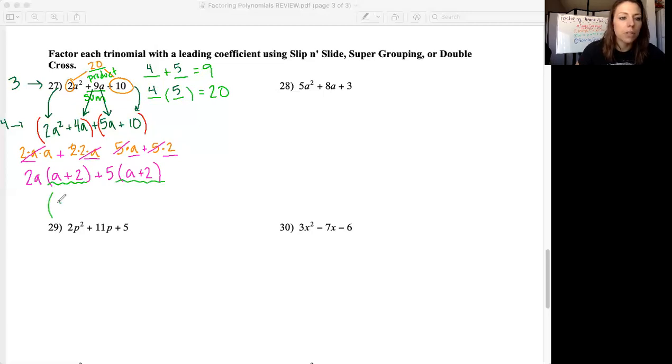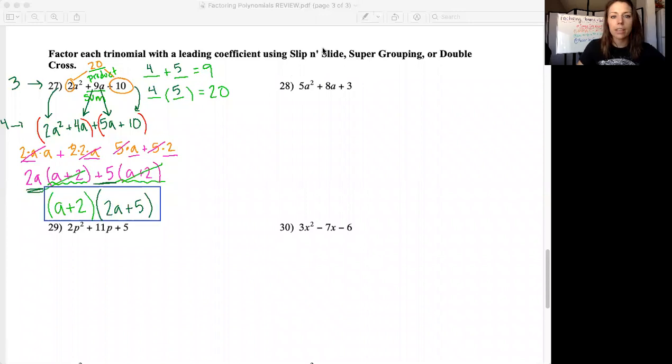So that will be the first binomial in my final answer. And then once I factor that out, I'm left with 2a plus 5, or in other words, the GCF of the other two binomials. And this is your final answer.